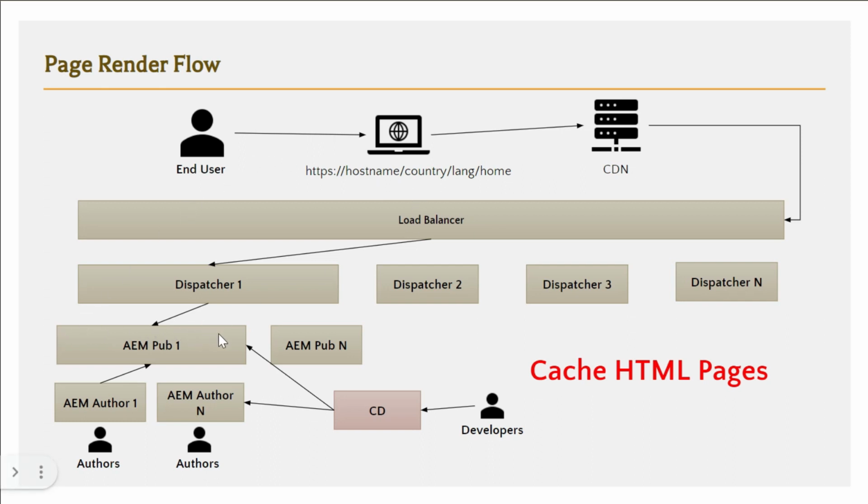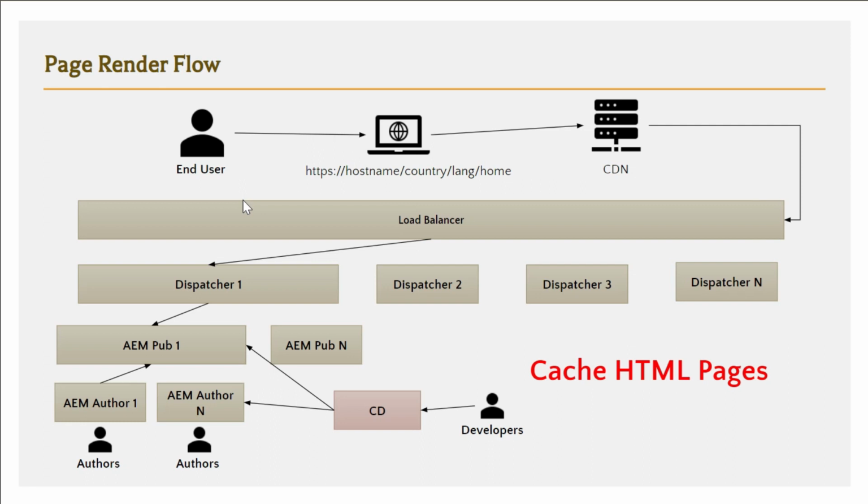So every time a request comes, if all this process is happening, then the first problem is there is too much load on the AEM publish instance, and also it is a very slow process, because each time a request comes we have to concatenate the HTML code of each and every component, render the page and send the response.